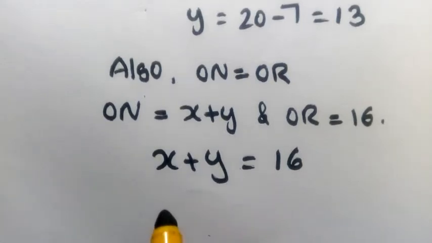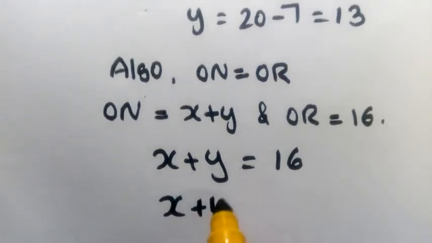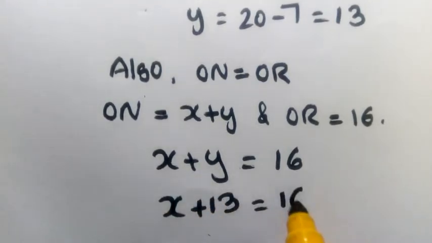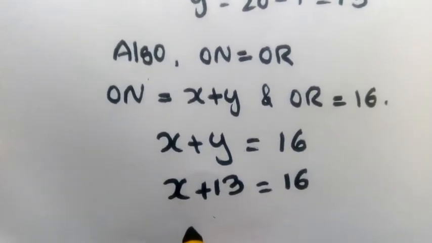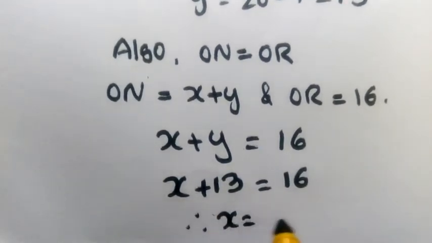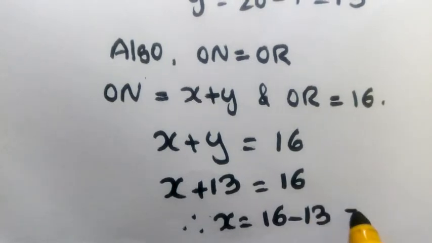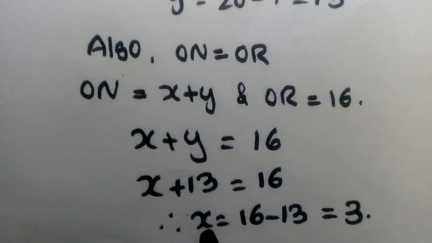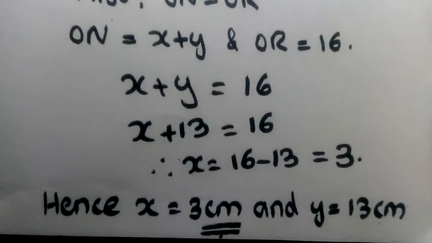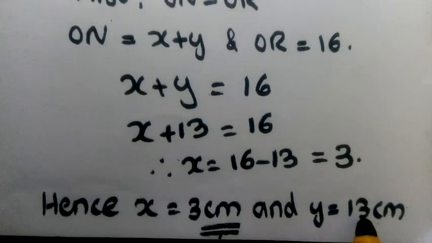So the next step is X plus 13 is equal to 16. Therefore, X is equal to 16 minus 13. 16 minus 13 is equal to 3. Therefore, the value of X is equal to 3. Hence, X equals 3 cm and Y is equal to 13 cm.